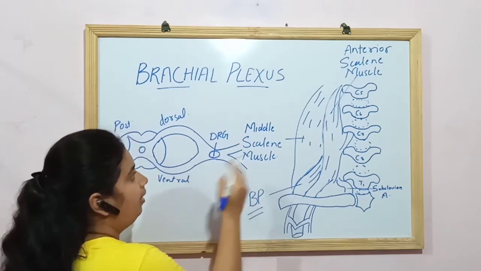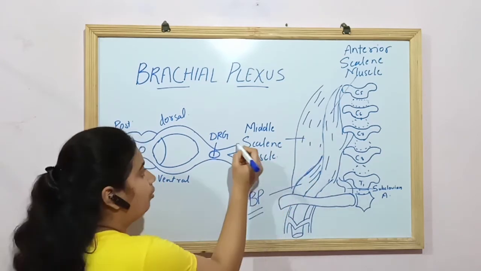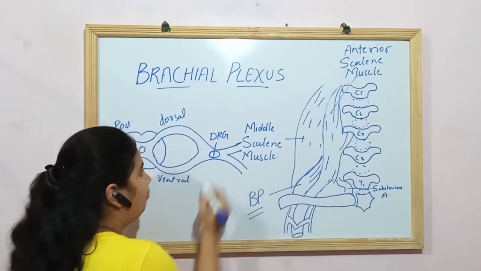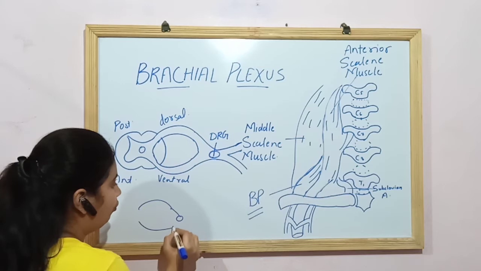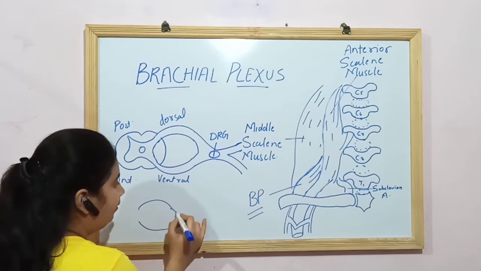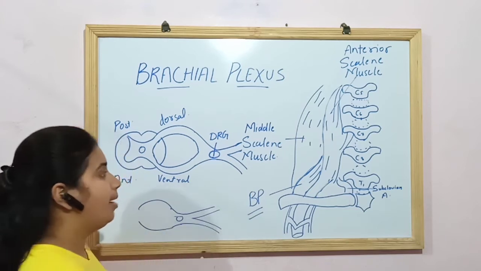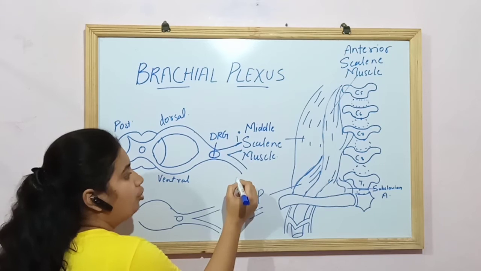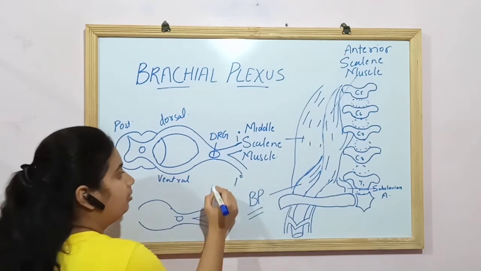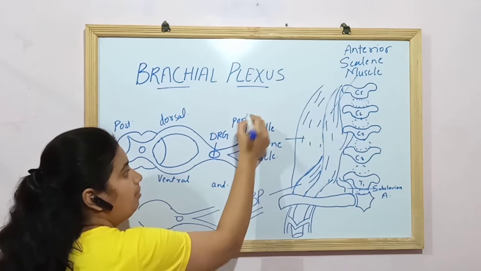Likewise, here I have written the middle scalene muscle, I will explain that. Here is your dorsal root ganglion, and then these are again divided into two rami. That is your posterior primary rami, and this is your anterior primary rami.